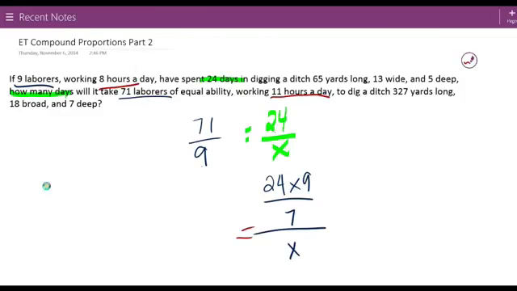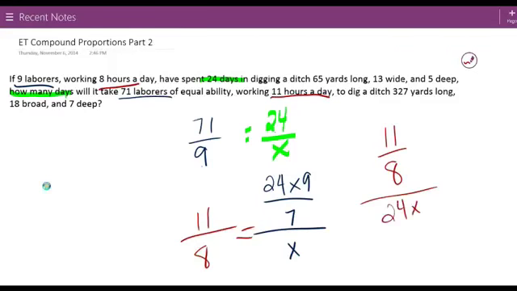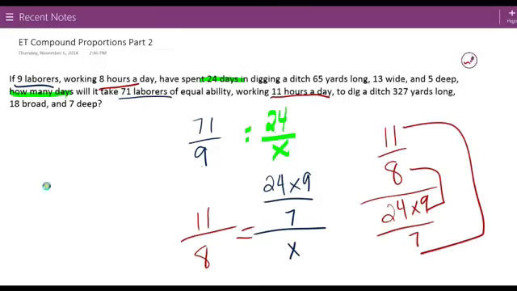Again, if you're going to be working 11 hours a day, it should take you less time to do something than if you're working 8 hours a day. So 11 hours is going to go on top. Okay, so if we remember our means and extremes, these are going to go together and these are going to go together.